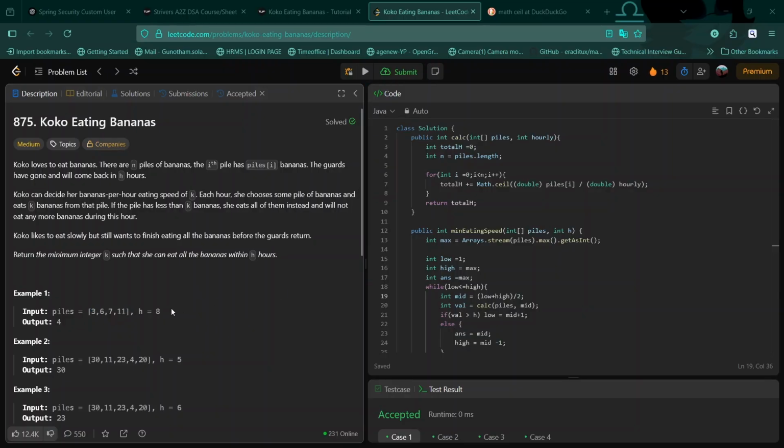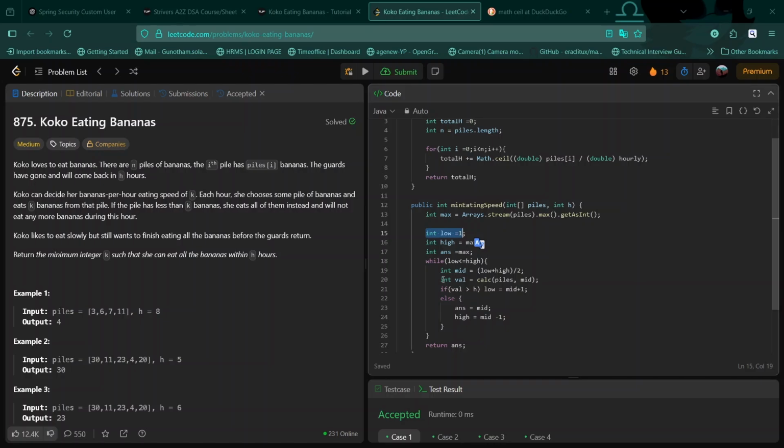So to do that, we will just create a loop from 1 to the maximum pile, as I have done here. I'm storing the values in high and low. Later in the while loop, I'm taking the mid value.